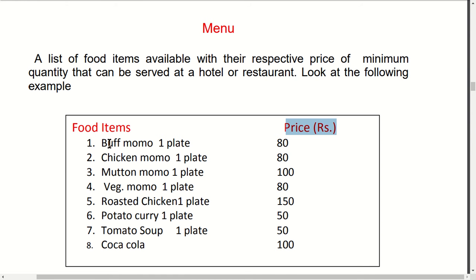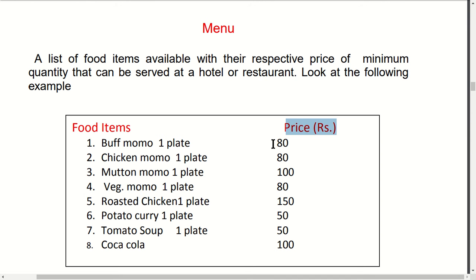Okay, for example, this is imaginary here. Buff momo, buffalo momo, this is called buff momo, 1 plate, 80 rupees. This is an imagination. It may be expensive or maybe cheaper, but I don't have much idea. This is just an example here. If this question is asked in the examination, it is generally to check if you know how to design a menu or not.